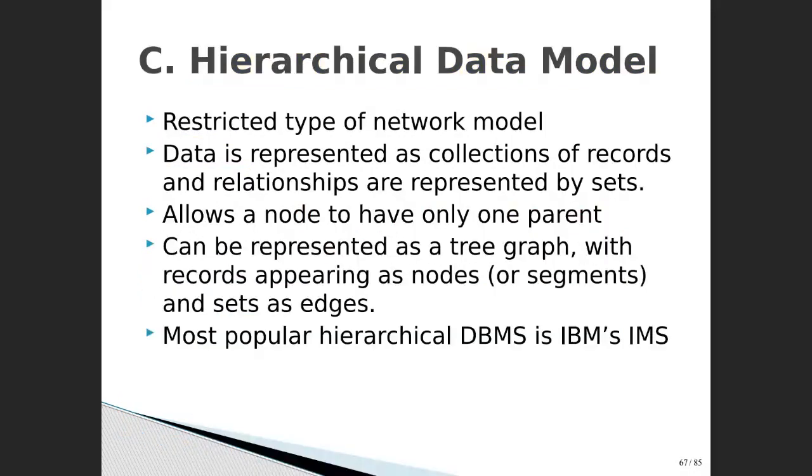Okay, the third type is hierarchical, which is still a network, but a restricted type of network data model. What is the difference between the hierarchical data model and the network data model? It's represented by sets, like a tree data model, because every node has one parent only.